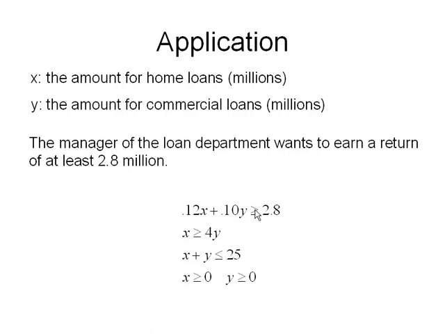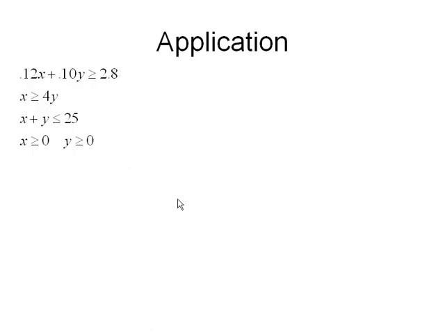At the very worst, it'd be equal to 2.8 million, but we actually want greater than that. And so what we see here is our system of inequalities. Let's write that off to the side and start working with our graph.